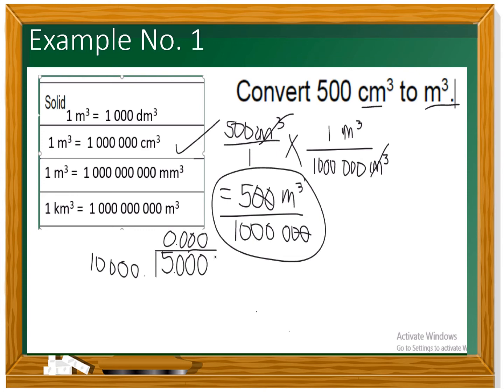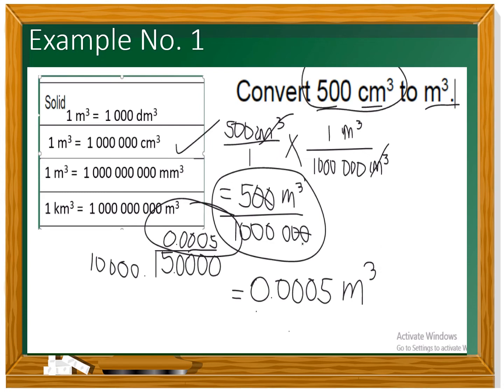And then add again 0. So we now have 50,000. 50,000 divided by 10,000 is 5. So the answer is 0.0005 cubic meters. So meaning to say, 500 cubic centimeters is equal to 5 over 10,000 cubic meters.